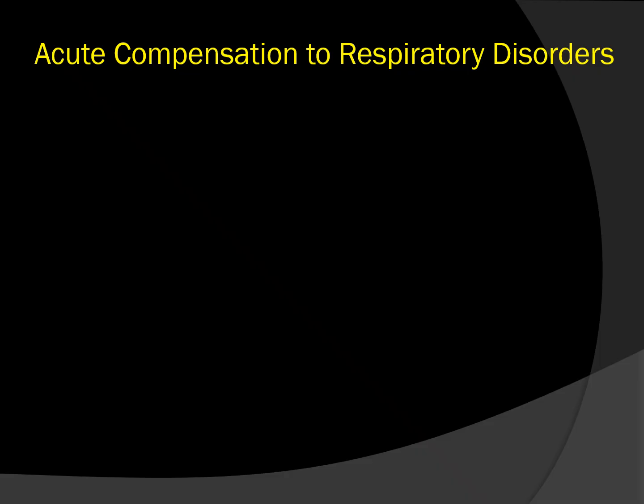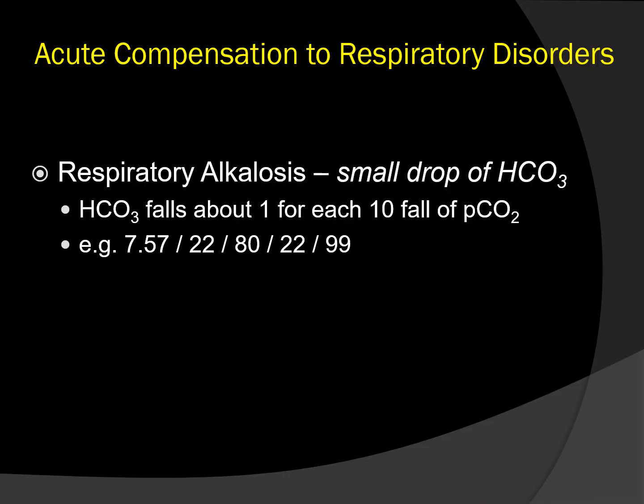Now, primary respiratory disorders have acute compensation. So when we have a primary respiratory alkalosis, there is an acute small drop of the bicarbonate, about 1 for every time the PCO2 falls 10. So for example, a patient has acute hyperventilation, their pH is very high at 7.57 and their PCO2 is quite low at 22.